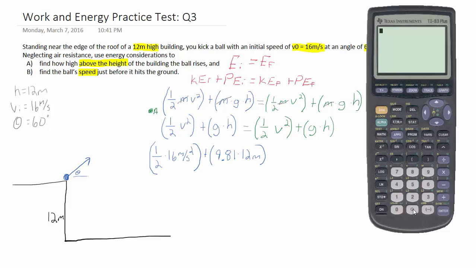So we have 0.5 times 16 squared. So this will be 128. And then over here we have 9.81 times 12, which is 117.